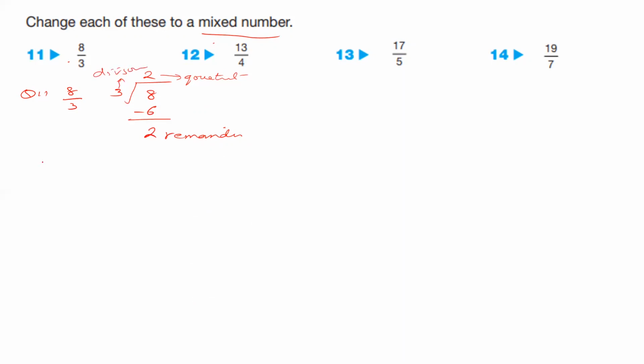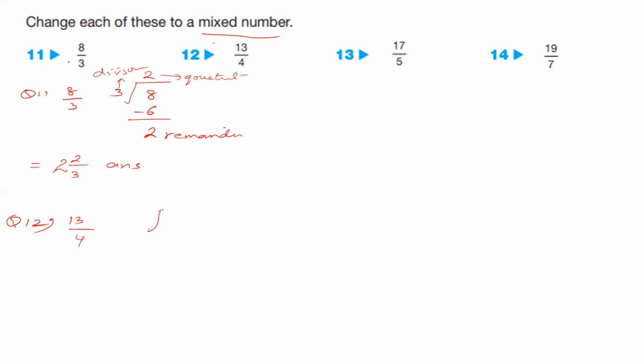So the quotient comes as the whole number, the remainder comes as the numerator of the fraction, here 2, and then the divisor comes down here, which is 3. So this is your answer for question number 11. And if we go for question 12, 13 upon 4.